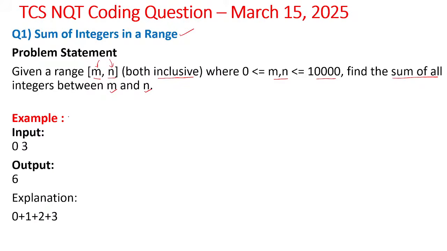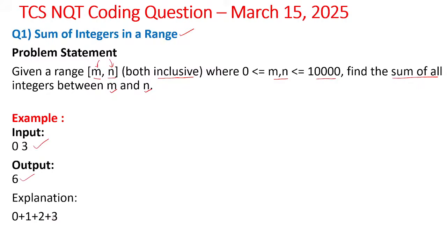So if you look at the given example, the input is given as 0 space 3. Okay, so this is the input given, the output given is 6. So the explanation is it should add all the numbers between 0 to 3. 0, 1, 2, 3.